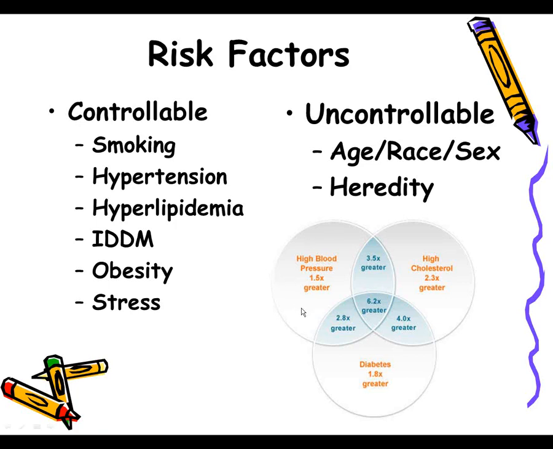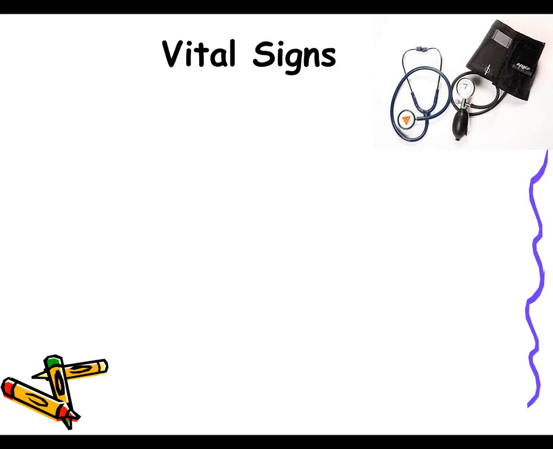You can see in this diagram that if all you have is high blood pressure, you have a 1.5 times greater risk of having a heart attack. If you have high cholesterol, a 2.3 times greater risk. Diabetes, 1.8. But if you combine these together, your risk is higher. If you have high cholesterol, high blood pressure, and diabetes, you have a 6.2 times greater risk of having a heart attack. And that's not factoring in obesity, smoking, and stress.